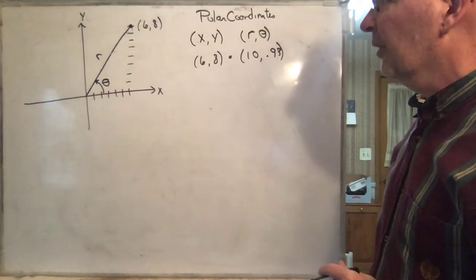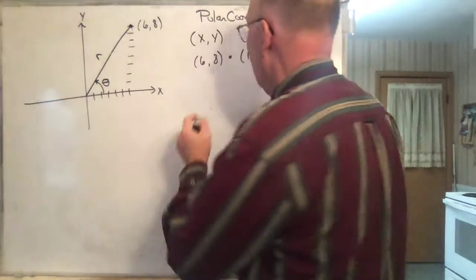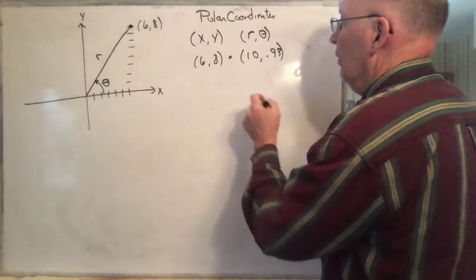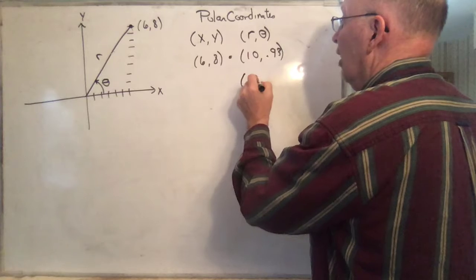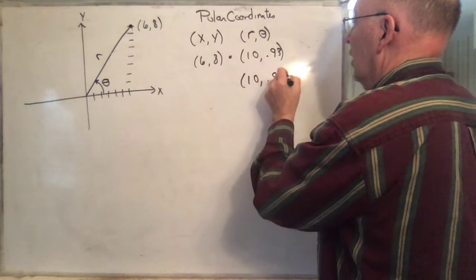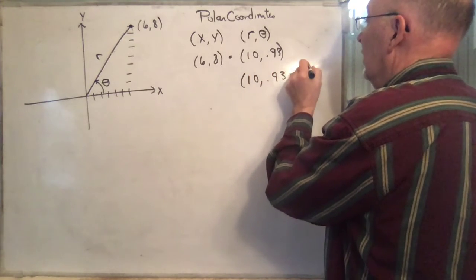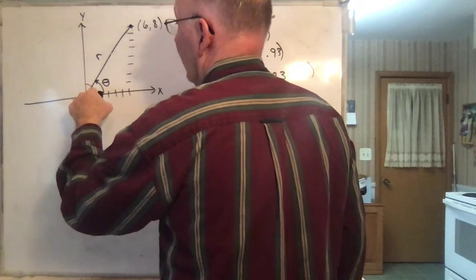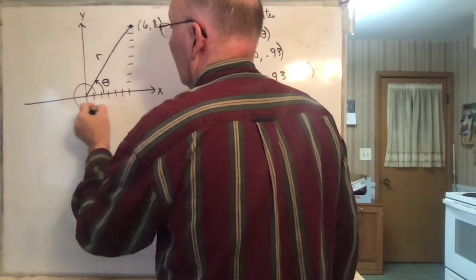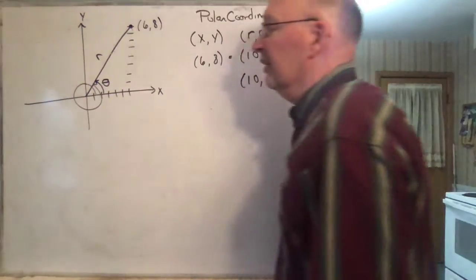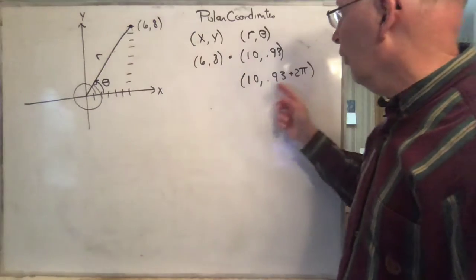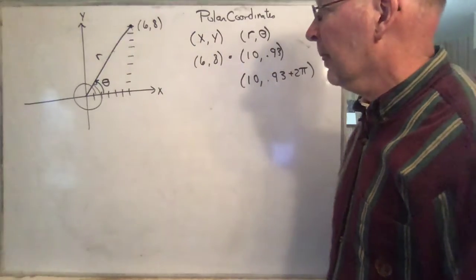With polar coordinates, I can either call it this one, or I could also call it this one plus 2 pi, right? Because this angle here is 0.93 radians, and there's another 2 pi radians. So that would also give me this point. So there's more than one way of expressing it.